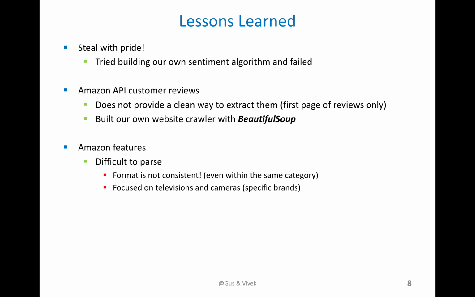For example, when I'm extracting product information for a Sony television, what I get back might be very different from what I get back from a Samsung TV or a Vizio TV. So the format is not consistent, even within the same category. For this prototype, we're really focused on televisions and cameras of specific brands.